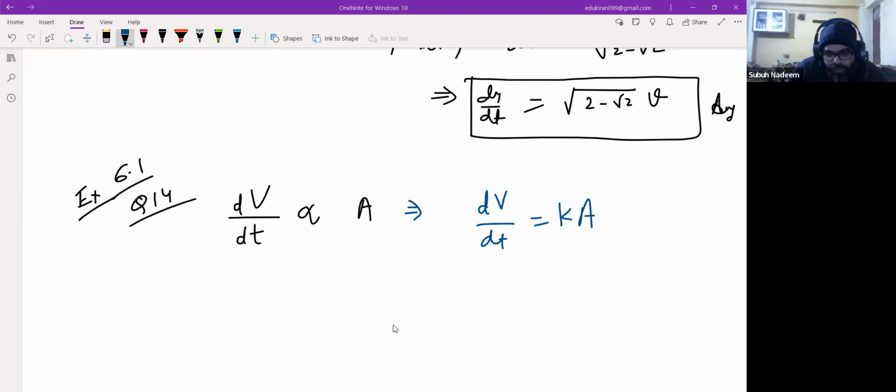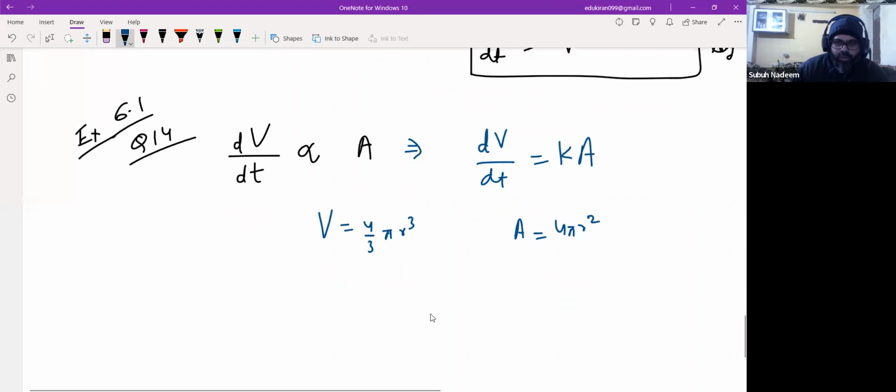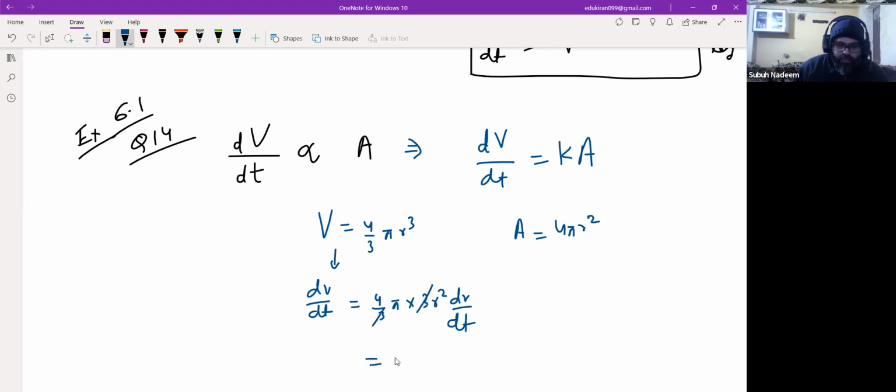Prove that the radius is decreasing at a constant rate. So volume of the sphere is 4 by 3 pi r cube, and surface area is 4 pi r square. So if we apply this here, dV by dt will be 4 by 3 pi into 3 r square dr by dt, so it becomes 4 pi r square dr by dt.